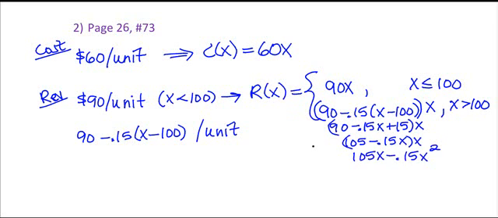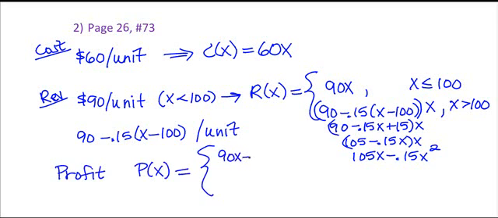Now, we're not yet done because what we needed to find was profit. Profit is revenue minus cost. So our profit function, our P of x, again, it's going to have two pieces since we have two pieces to the revenue. For x less than or equal to 100, it's simply 90x minus 60x, or we can write that as 30x. And that is if x is less than or equal to 100.